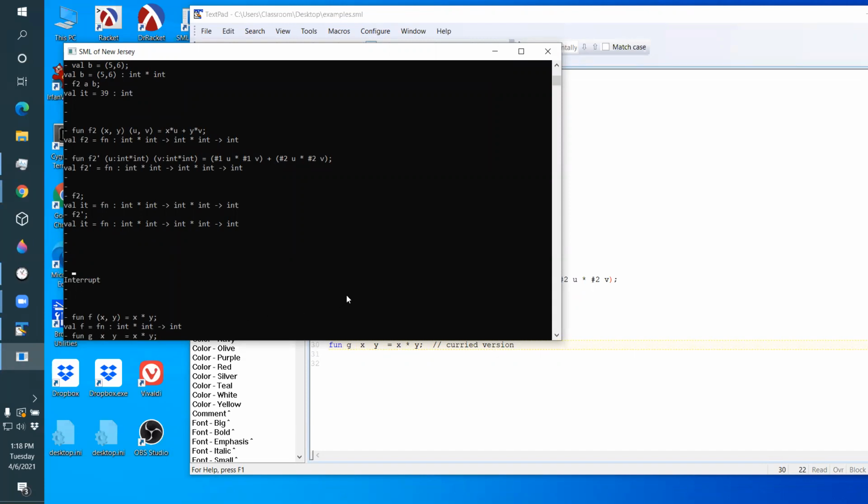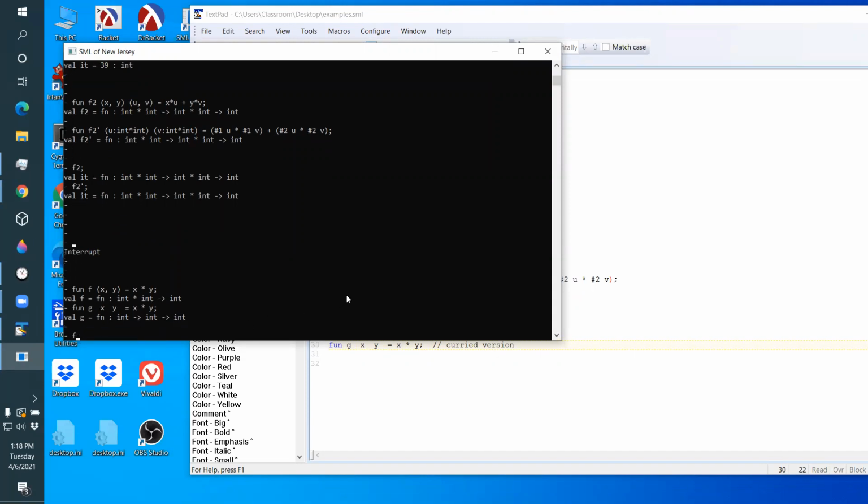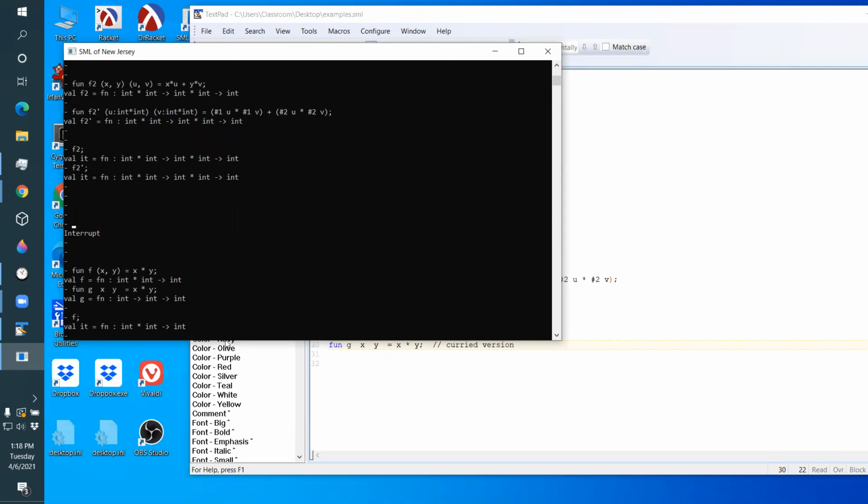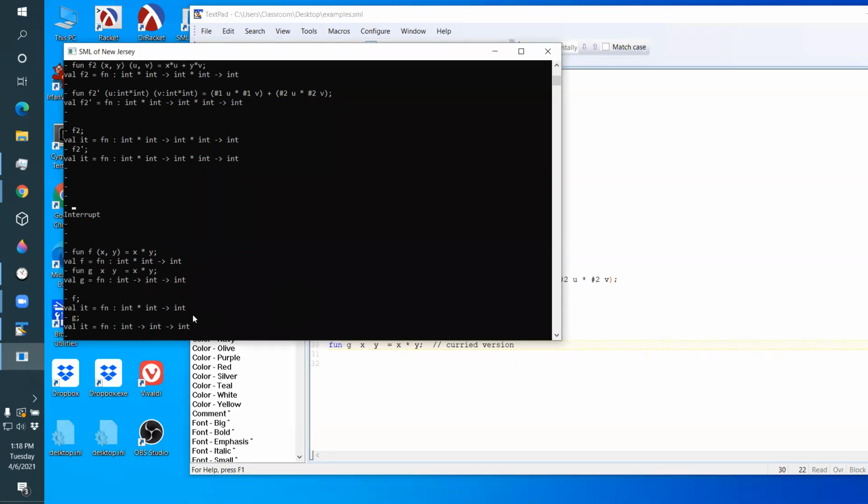Okay, all right, there's F and G. So F is a function that takes in a tuple and gives me back an int. And G is a function that takes in an int, then takes in another int, and then gives me out an int. So you see the difference: the tuple is a single input. See, there's only one arrow, so that tells you there's one input and the output.